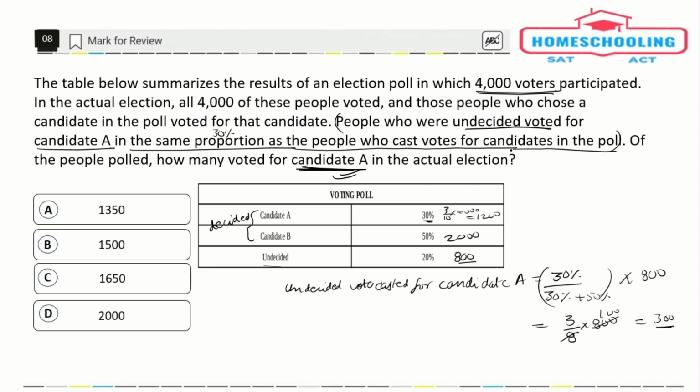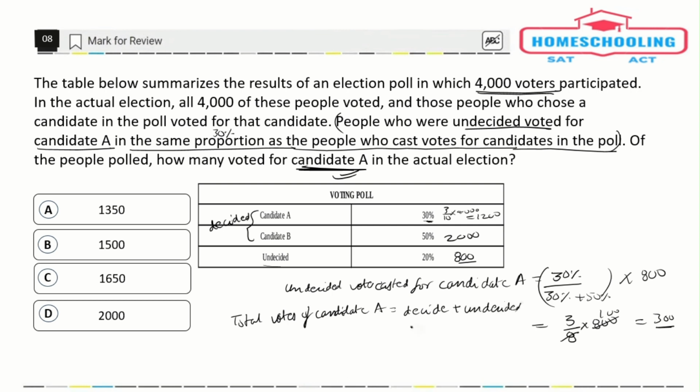So in the question we have to find, of the people polled, how many voted for candidate A. So total votes of candidate A is decided plus undecided votes.